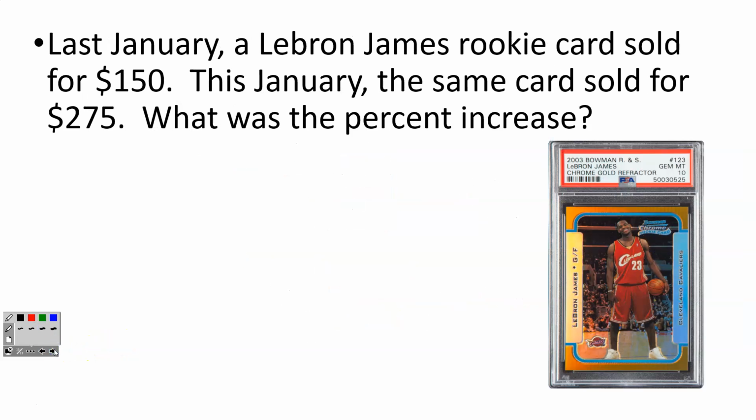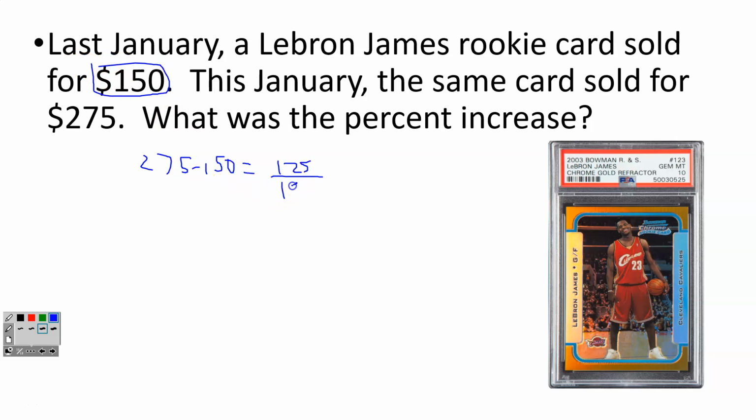Okay, last January, a LeBron James rookie card sold for $150. This January, the same card sold for $275. What is the percent increase? So again, I need to find my difference first. So I'm going to do 275 minus 150, which gives me an answer of 125. And I need to divide that by the original. The original was this amount right here, what happened first.